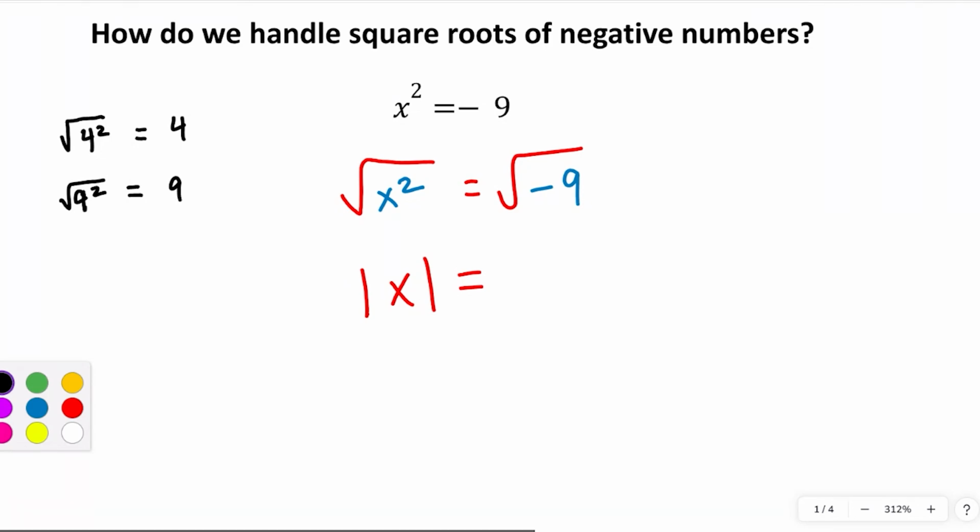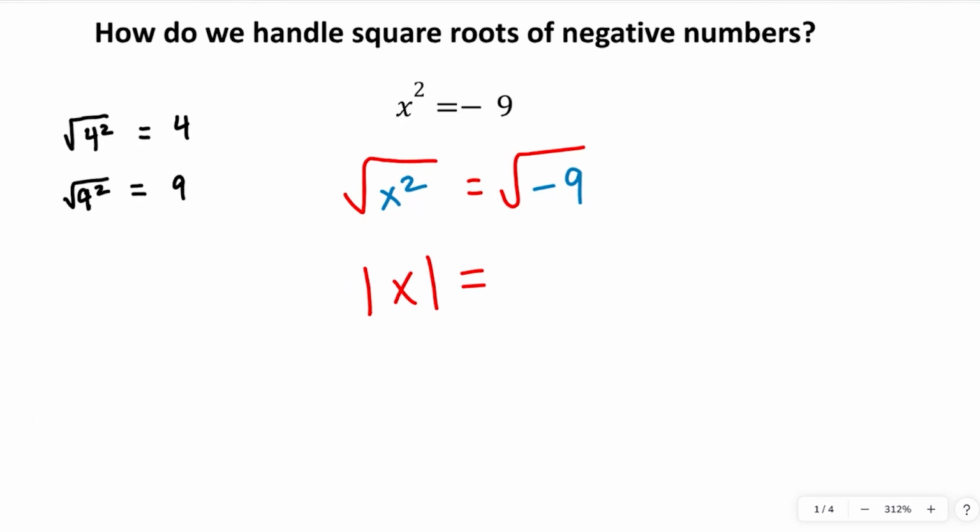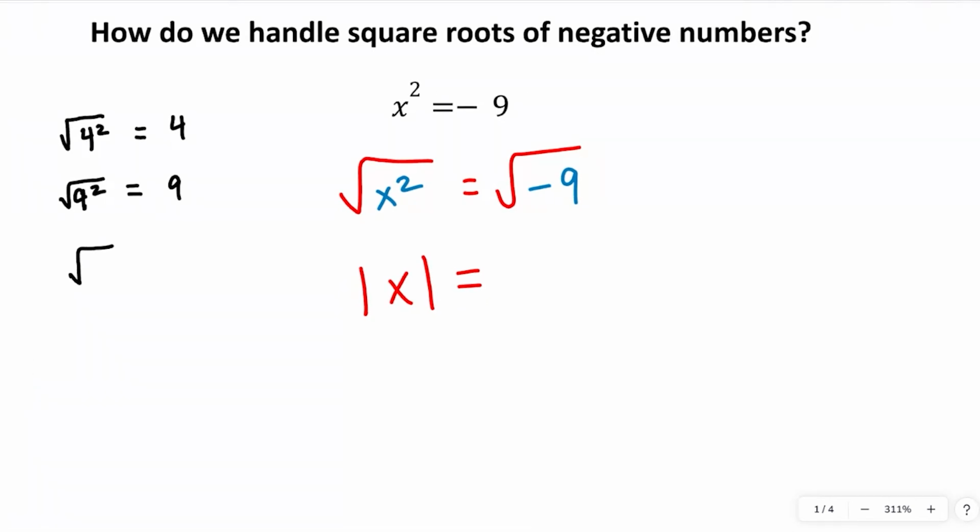Okay, we could keep this pattern going. The square root of, let's say, 100 squared. Ooh, this one might be a little hard to do 100 squared in your head, but what you could do is the square root of 100 is 10, and 10 squared is 100.